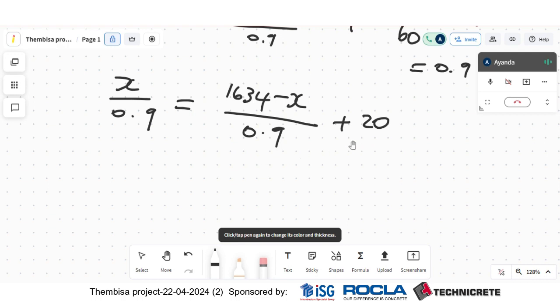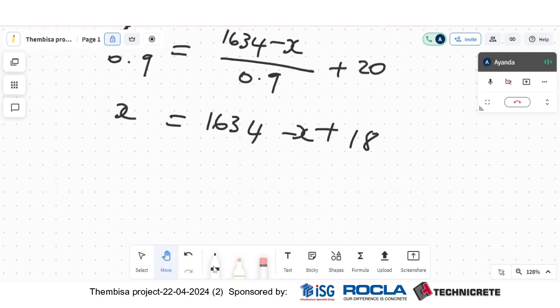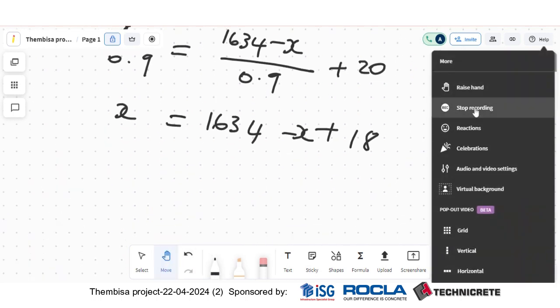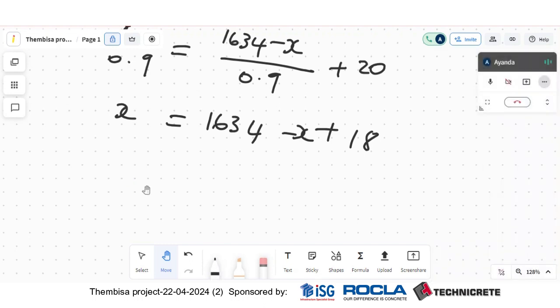Now we can simplify this. Our common denominator is 9, so we have x is equal to 1,634 minus x plus 18. If we bring the x to the other side, adding x on both sides, we're left with 2x.